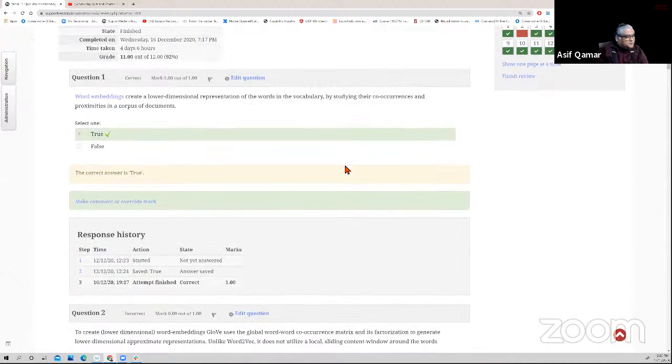All right, guys. So the first question was, word embeddings create a lower dimensional representation of the words in the vocabulary by studying their co-occurrences and proximities in the inner corpus of documents. So remember that all of NLP is done with reference to a corpus. The corpus is sort of the universal set of documents that you use to train a neural network, an NLP model, on.